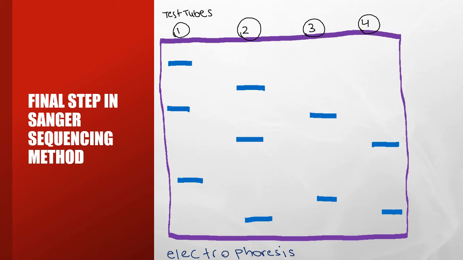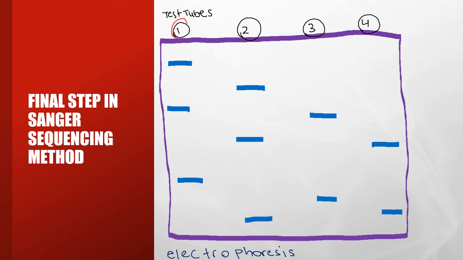This separation is based on the size of the fragments from each test tube. Larger fragments will be placed near the top, while the smaller fragments will be placed nearer the bottom of the gel. We can then use the results of electrophoresis to read the DNA sequence.